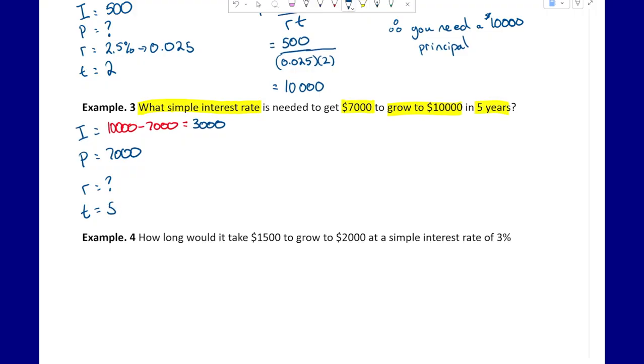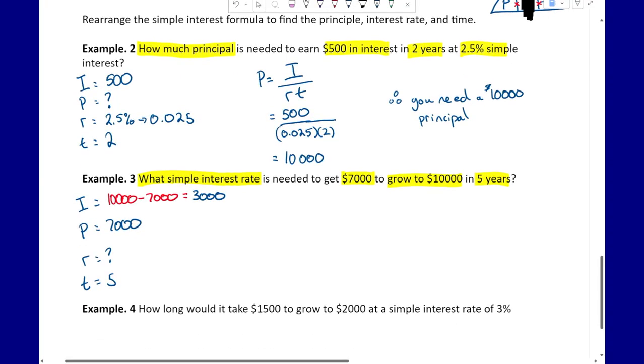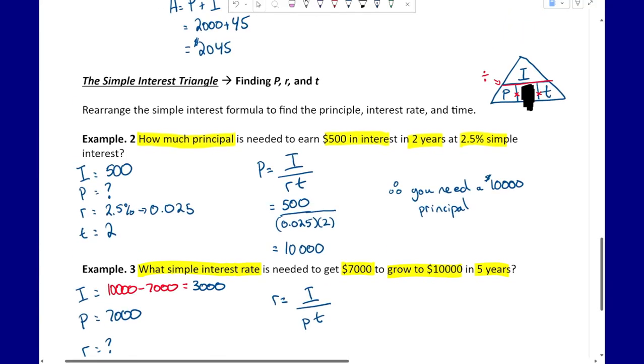Now we're solving for R, so we go back up to our simple interest triangle. I'm going to cover up the R value, and I'm left with I over P and T. That means my formula to find the rate is R equals I divided by P times T, which is what we see left over in this triangle.